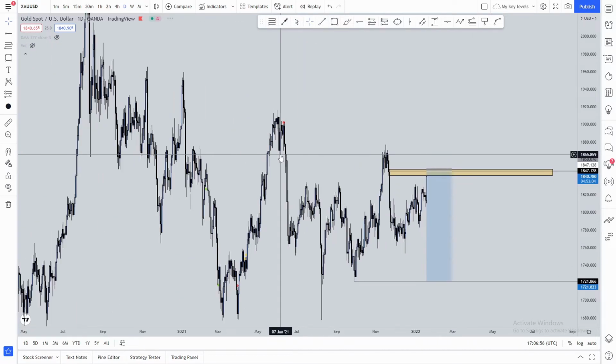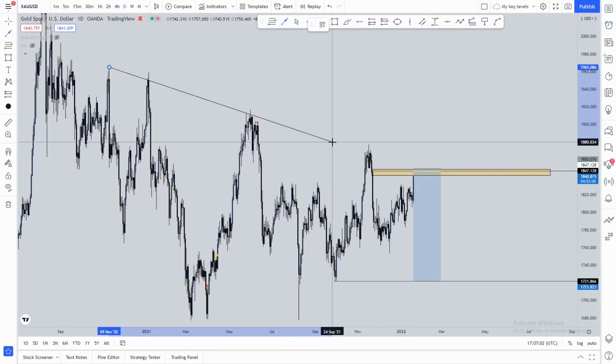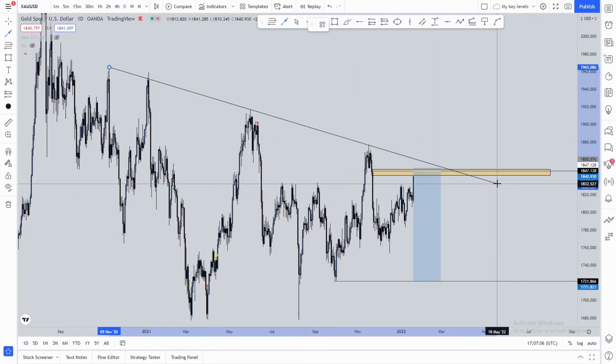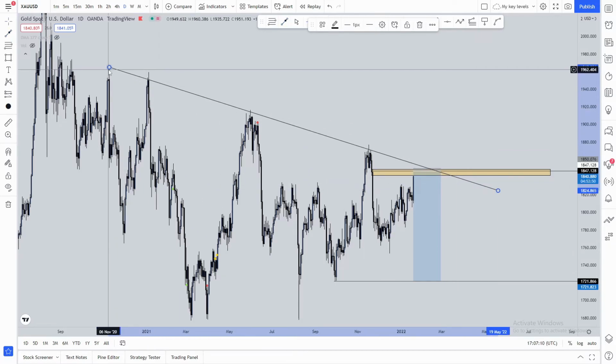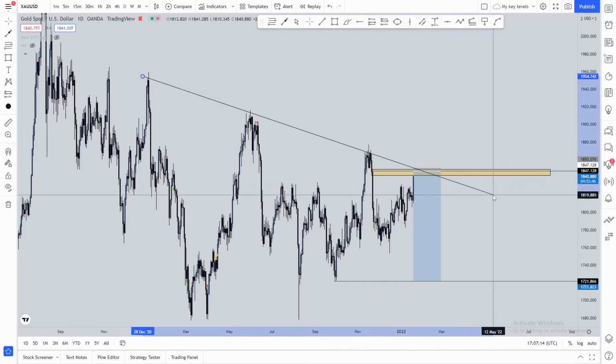If I try to look for trend lines that could potentially be respected, I was looking at this one right here. Where is it? I can't remember where I see it. I drew it on before, but I've lost it.